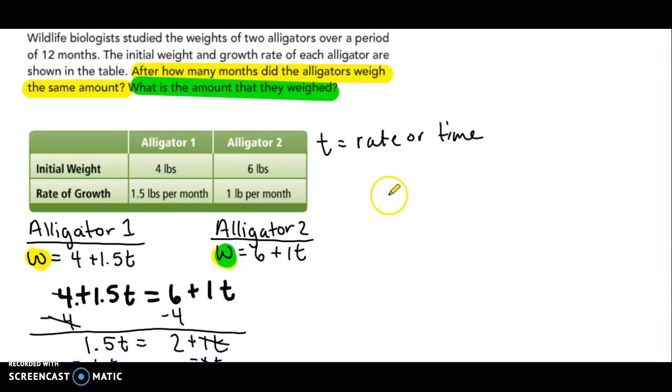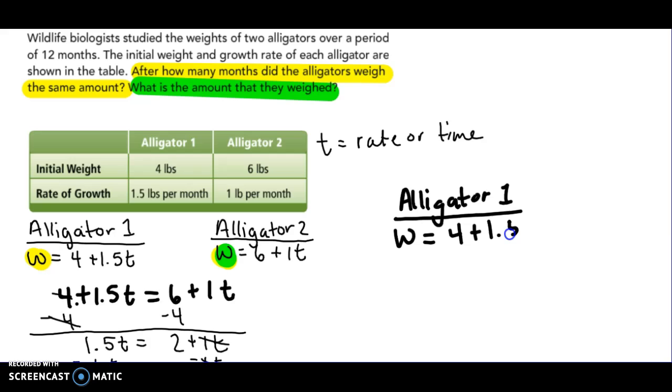Alligator 1's equation said W equals 4 plus 1.5t. And I know exactly what t is, so I'm going to have W equals 4 plus 1.5.